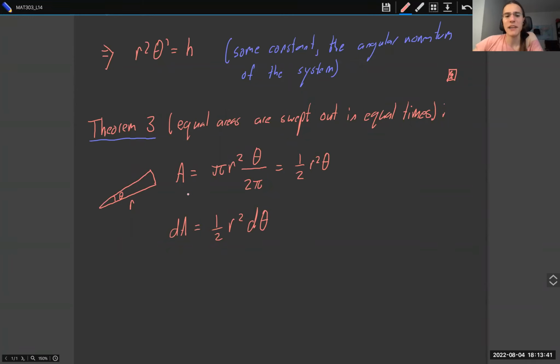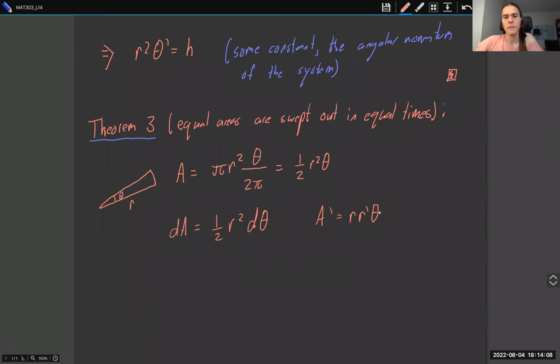But if both r and theta are functions of time, then A' would be half r' theta. Oh, I see.